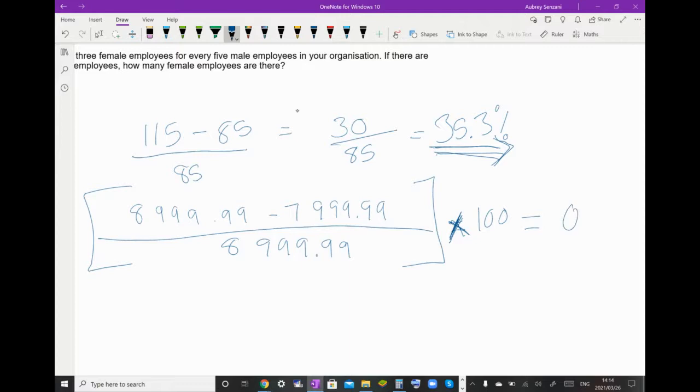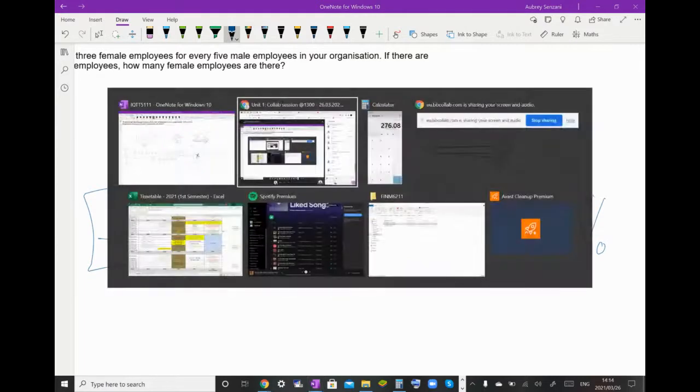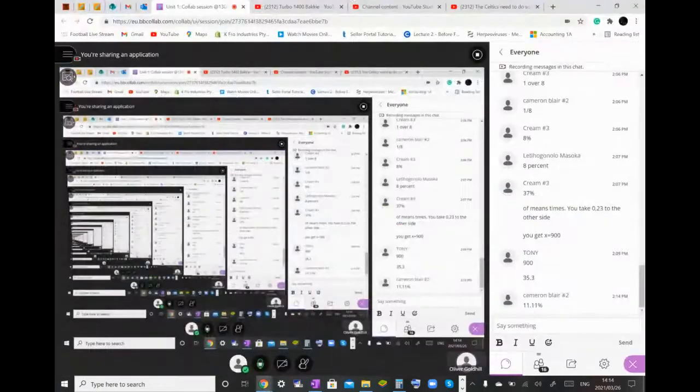I'm getting 11%. What are you guys getting? Okay, 11.11%. I'm sure if I did mine to two decimal places, I should get the same thing. All right. Thank you very much, Cameron.